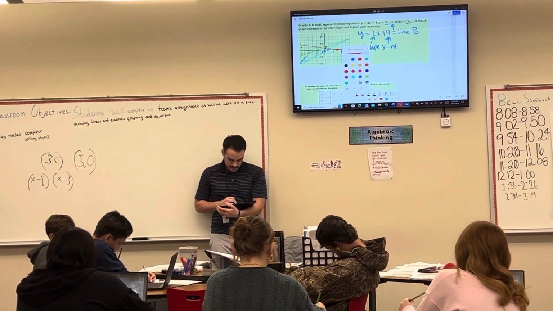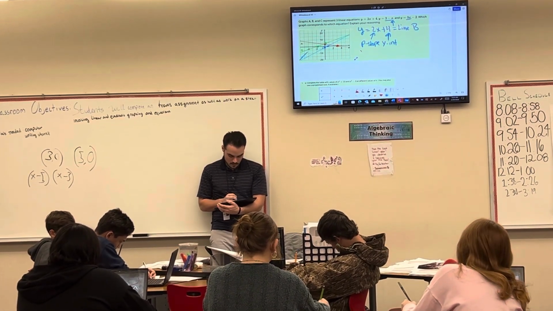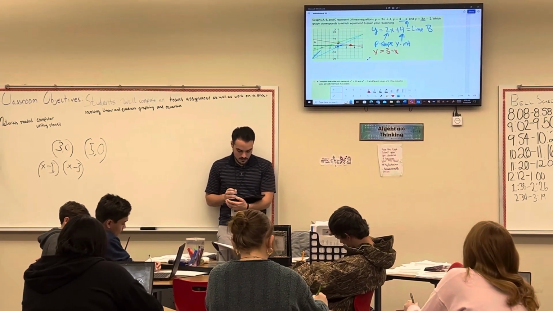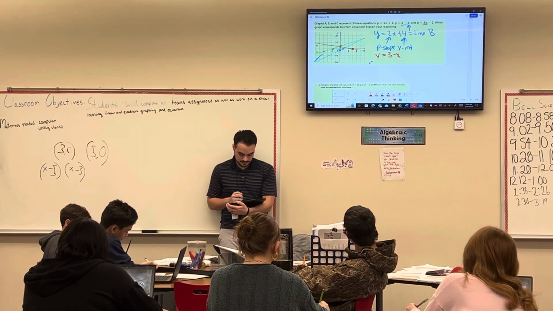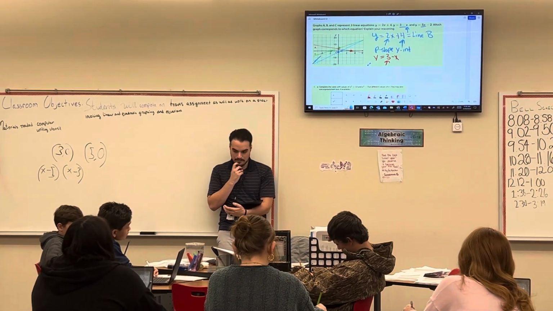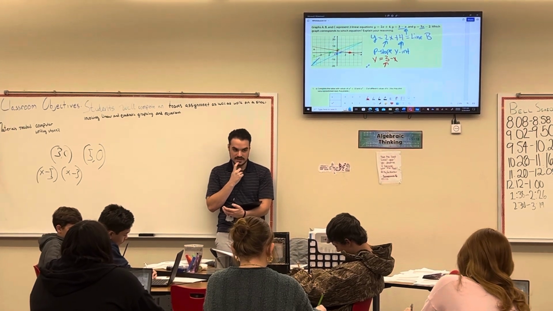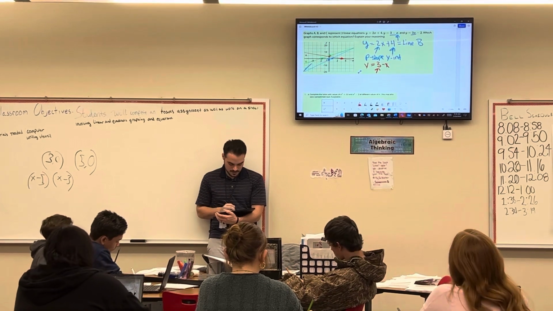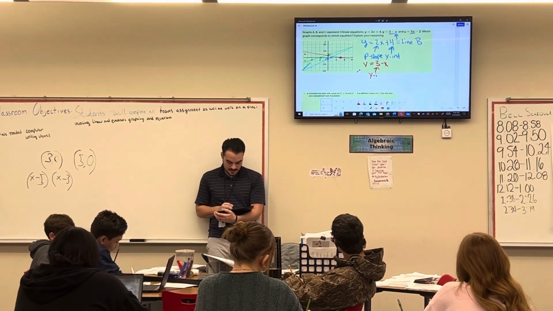Now that we got that one out of the way, we're going to do y equals 3 minus x. What does this tell us? What do we got right here for this 3? Symphony said it last time. Y-intercept, that's right. Good job. And then they're all the same.